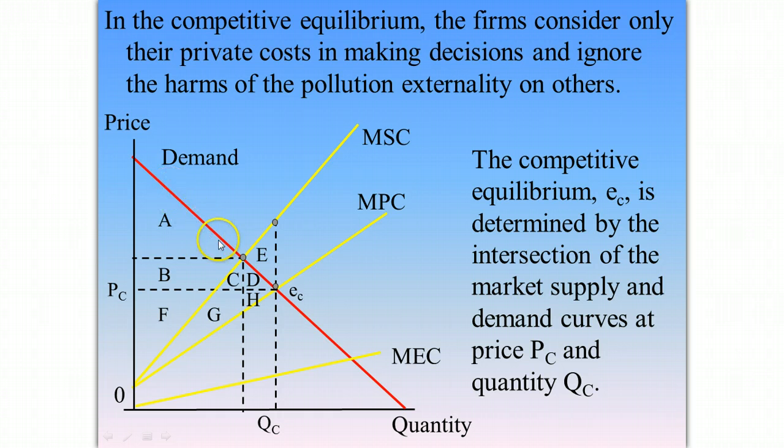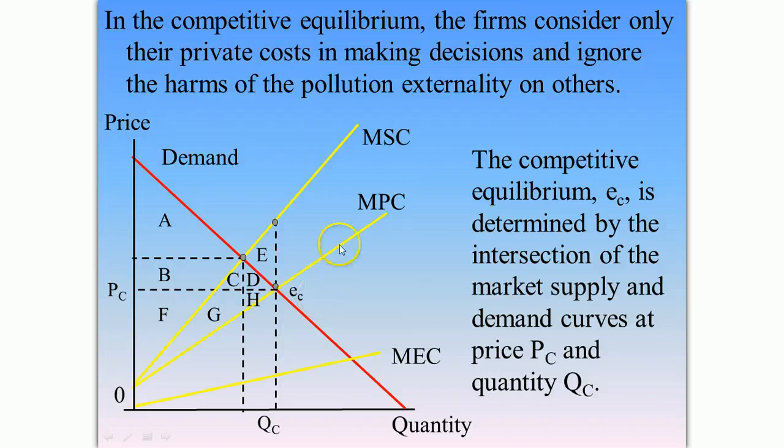So here's the benefit consumers are getting from using the product, and here's the cost firms are incurring from making it. The distribution of that is determined by the price. The lower the price, the more of this goes to consumers. The higher the price, the more of it goes to firms. But the area will be maximised or optimised.